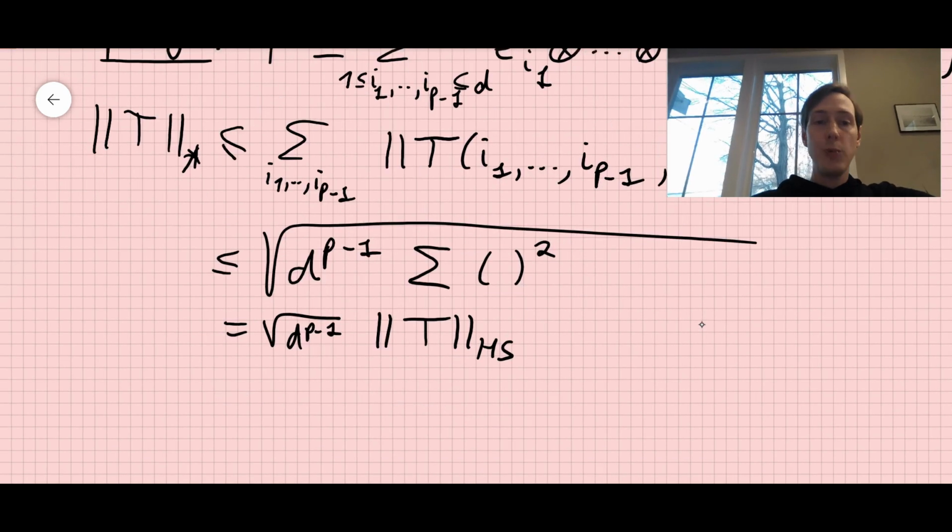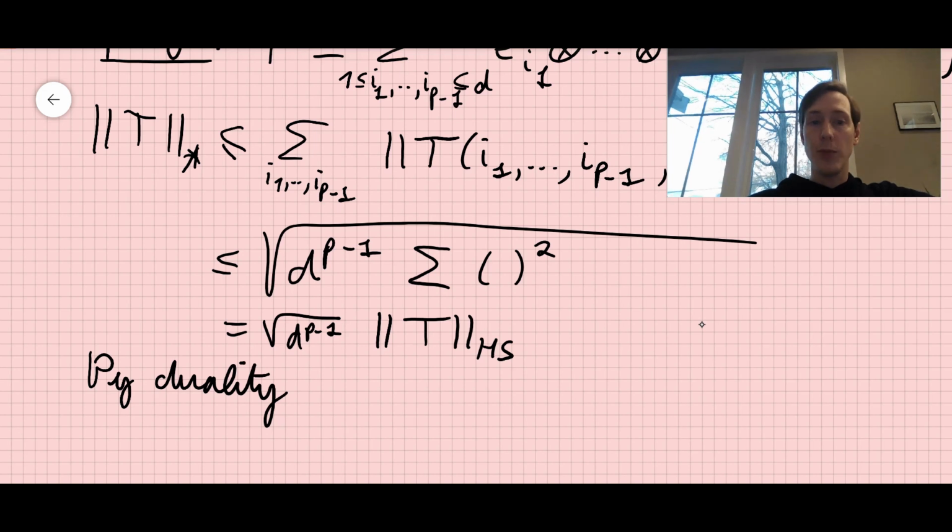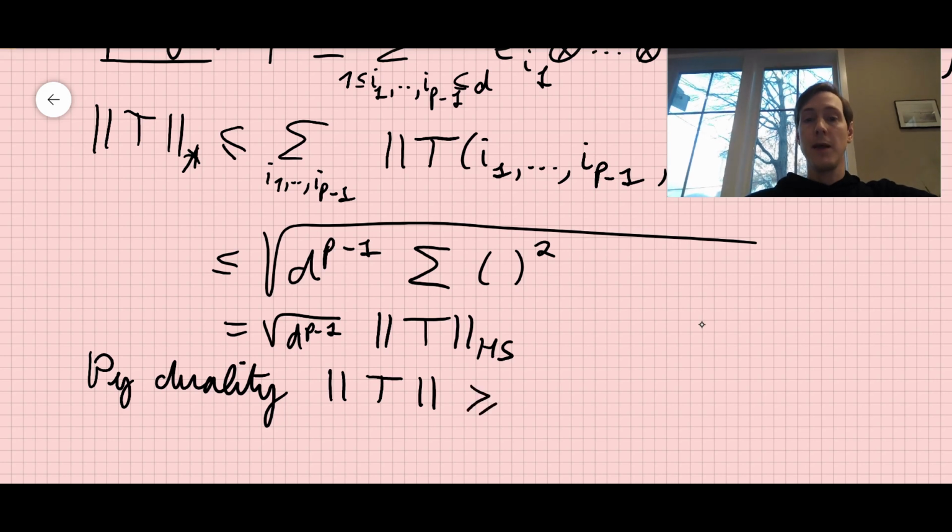Now by duality, I will have the same reverse inequality for the dual norms. So by duality, the dual norm of T is bigger than 1 over square root d to the p minus 1 times the dual norm of the Hilbert-Schmidt norm, but the Hilbert-Schmidt norm is self-dual.